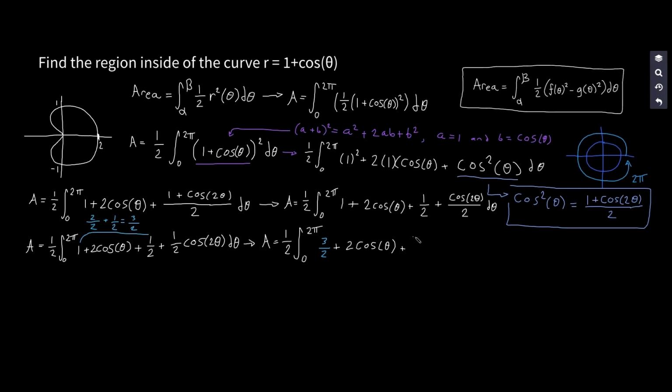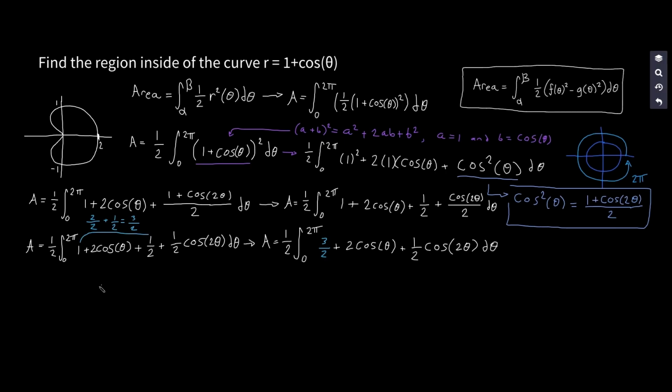Now we're just going to add 1/2 times cosine of 2 theta. Then this is integration with respect to theta. At this point, I think the move is probably to just integrate.